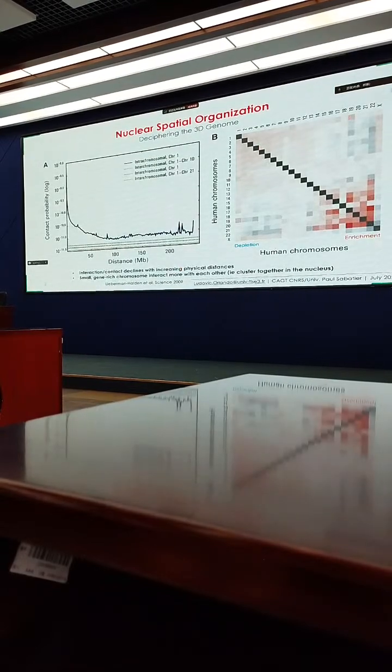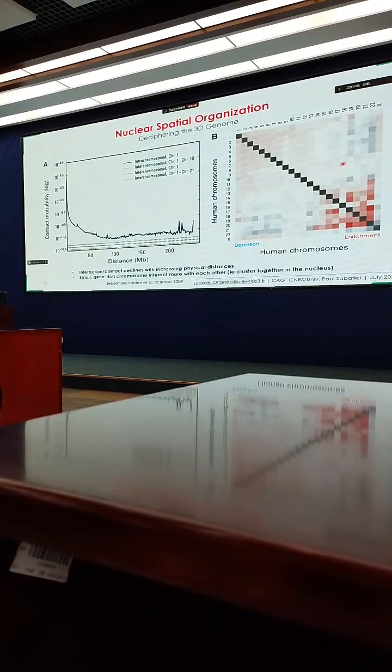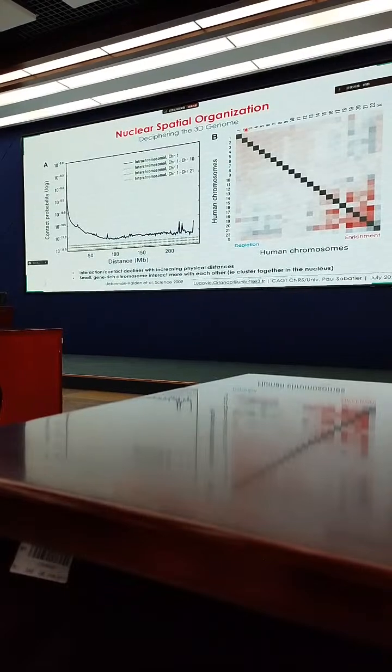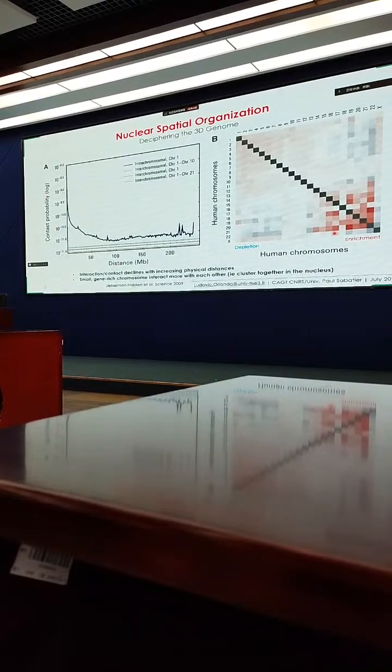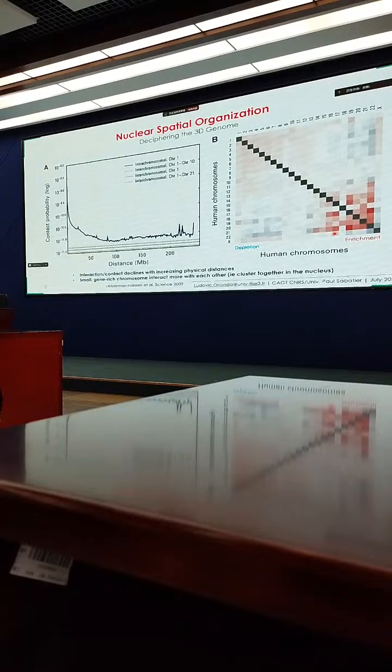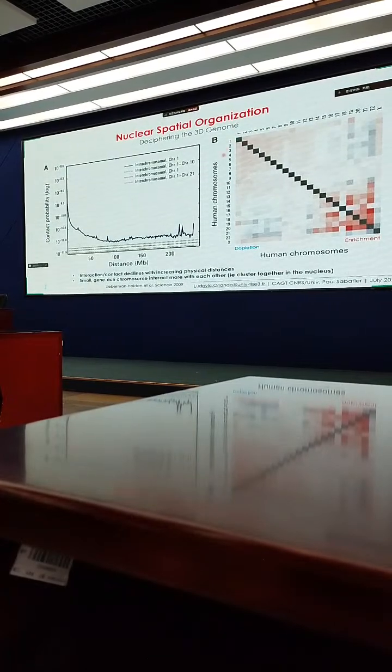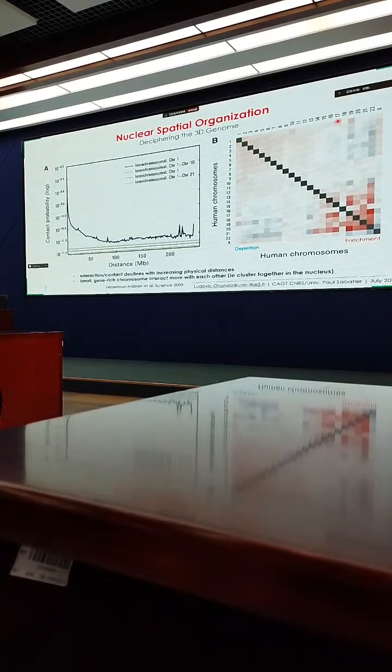The last thing that I want to tell you this morning for this lecture is that the same way inside a chromosome there is an organization, there are chromosomes that are closer with each other, because the map that I've shown is within the same chromosome, but actually you could do the map between chromosomes. So here what you look at is contacts between chromosome 1 and chromosome 2, contact between chromosome 1 and chromosome 17, and so forth.